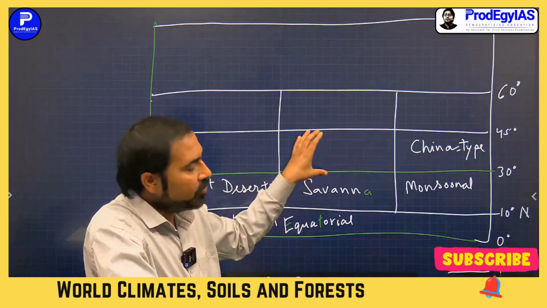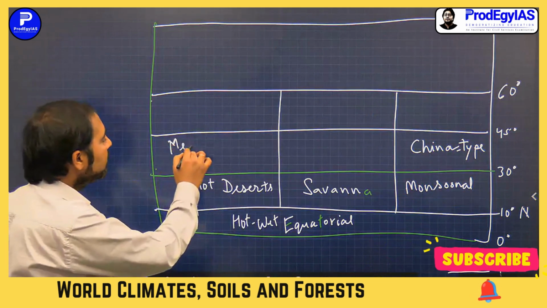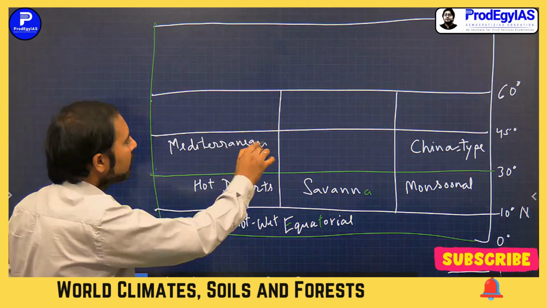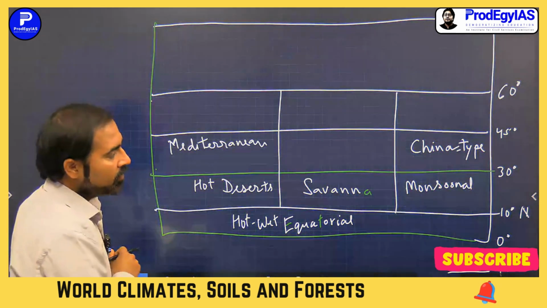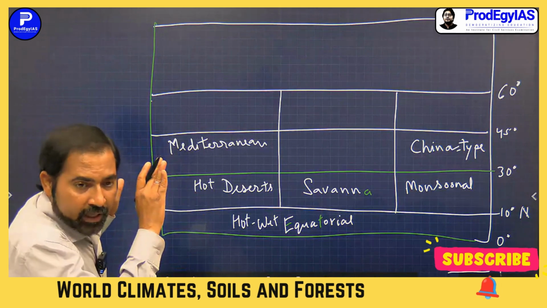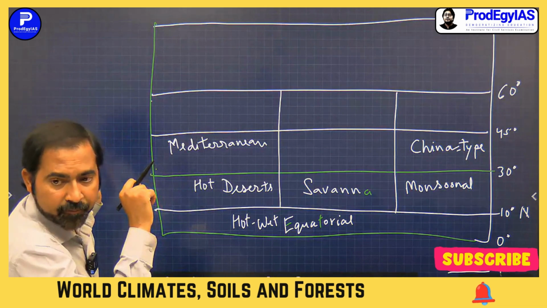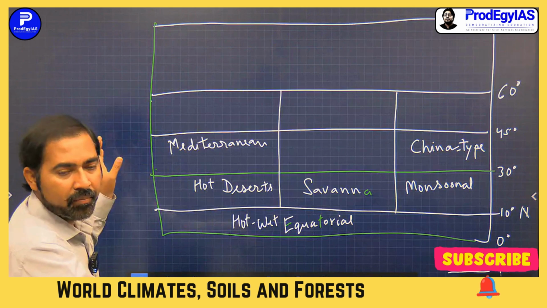In the same latitude, on the western side, there will be found Mediterranean climate. Right? Mediterranean climate. In and around California in USA, you know that California is on the western side. The latitude is the same.